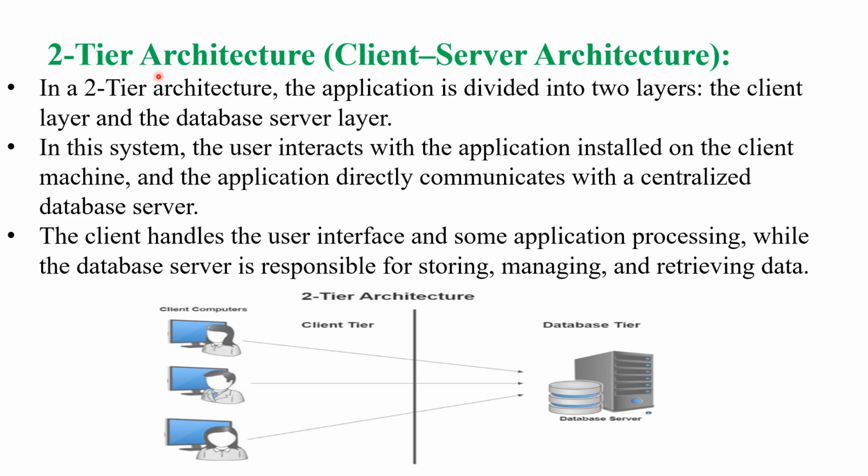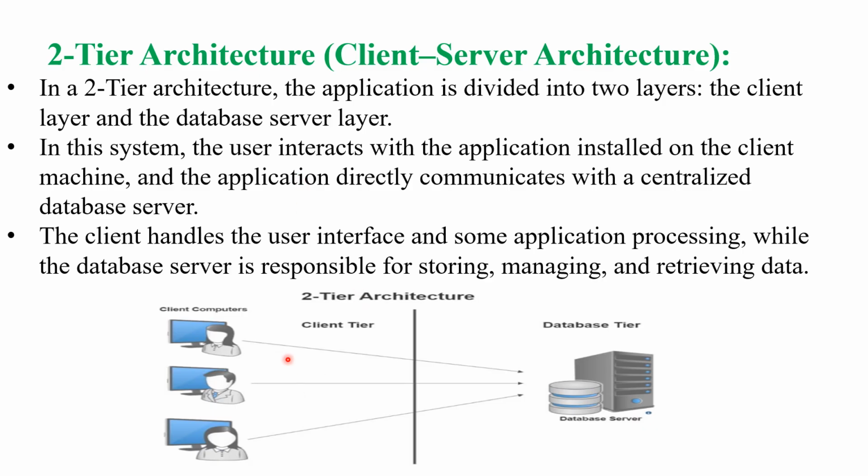Now, coming to the two-tier architecture. The two-tier architecture is also called client-server architecture. In this architecture, the application is divided into two layers, the client layer and the database layer.